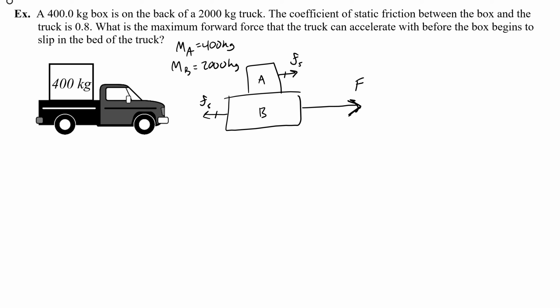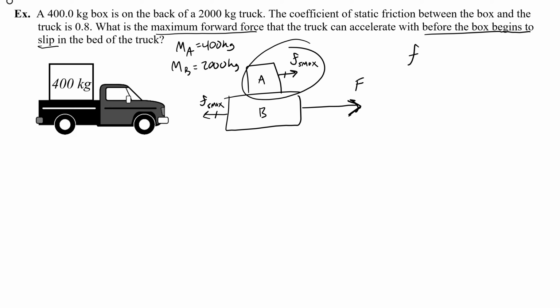The key to this problem is thinking about the static force of friction that's causing the 400 kilogram box to accelerate with the truck. Basically, we're asked what is the maximum forward force that the truck can accelerate with before the box begins to slip. So this phrase right here, before the box begins to slip, means that we need to consider Fs max, the maximum static force of friction that occurs.